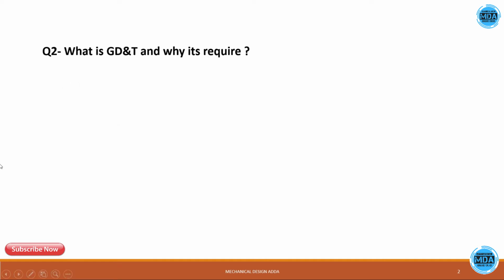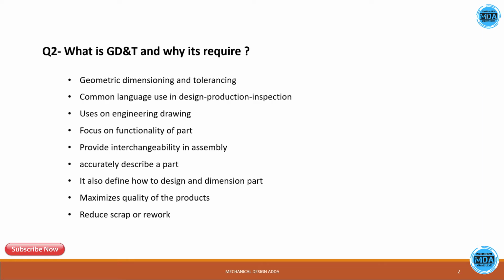The second question is, what is GD&T and why is it required? GD&T is nothing but geometric dimensioning and tolerancing. It is a common language used in the design, production and inspection departments. Basically GD&T is used on the engineering drawing, and it focuses on the functionality of the part, and it also provides interchangeability in the assembly.